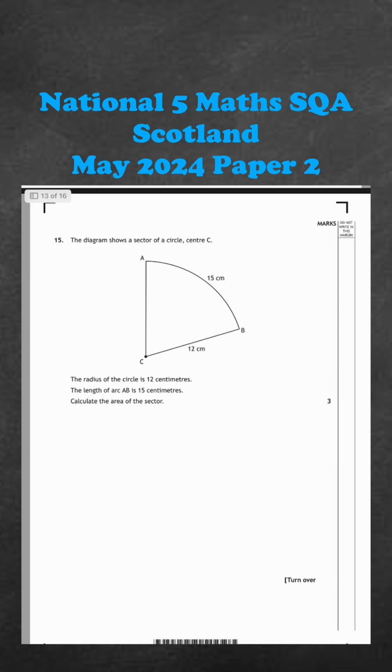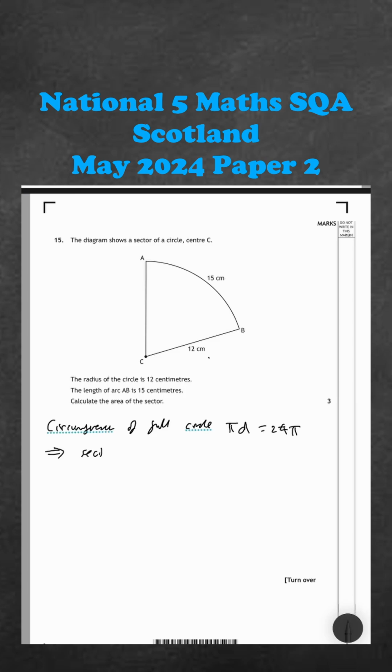Question 15. The diagram shows a sector of a circle, centre C. Radius is 12. The length of arc AB is 15. Calculate the area of this sector. So the circumference of the full circle would be pi d. The diameter will be double the radius. The radius is 12, so 24 pi.